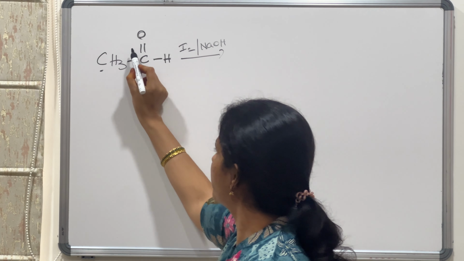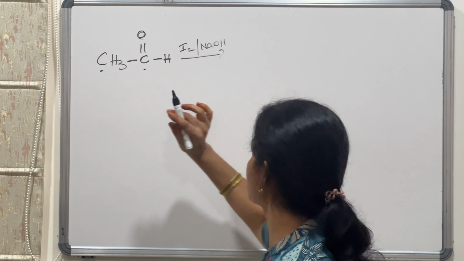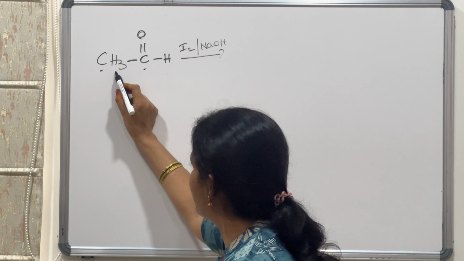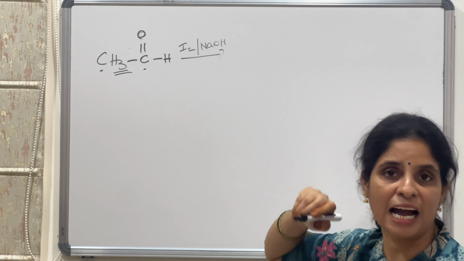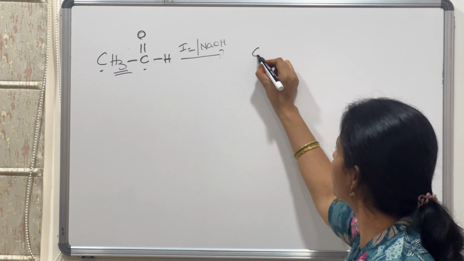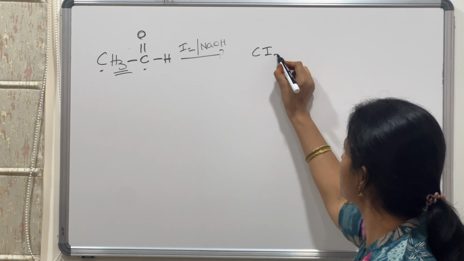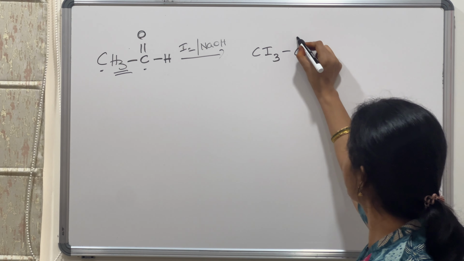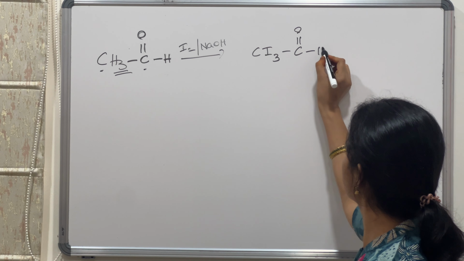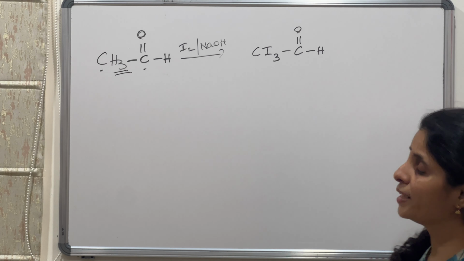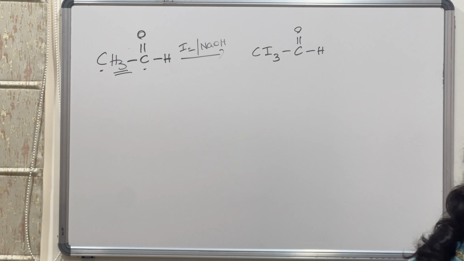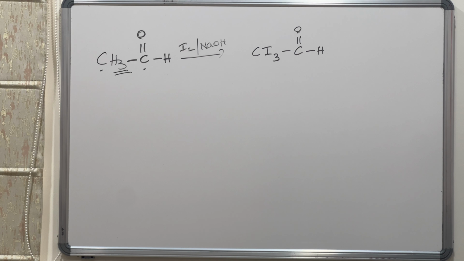First, you replace these 3 hydrogens with 3 iodines. Now what will it become? It will become CI3, and you write the remaining thing as it is. In your competitive examinations, this is how to write the product in an easier way.